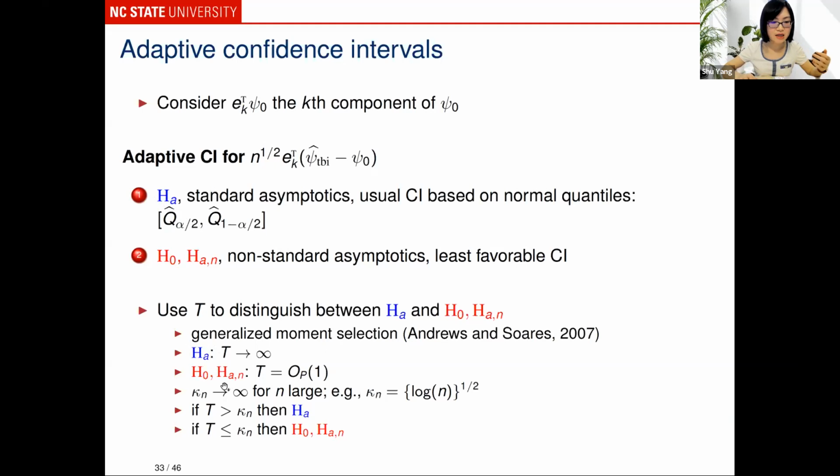So we can also choose a sequence of values that goes to infinity as sample size goes to infinity. For example, we can take kappa_n to be square root of log n. So if T is greater than kappa_n, then we choose the first scenario. And if T is less than or equal to kappa_n, we choose the second scenario. And this approach actually has been done in the generalized moment selection in Andrews and Soares.